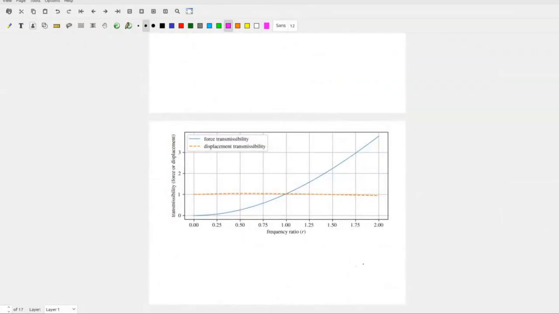If my force transmissibility is my issue for an overdamped case, do I want to go above or below? Below. Kind of. What about displacement, right?